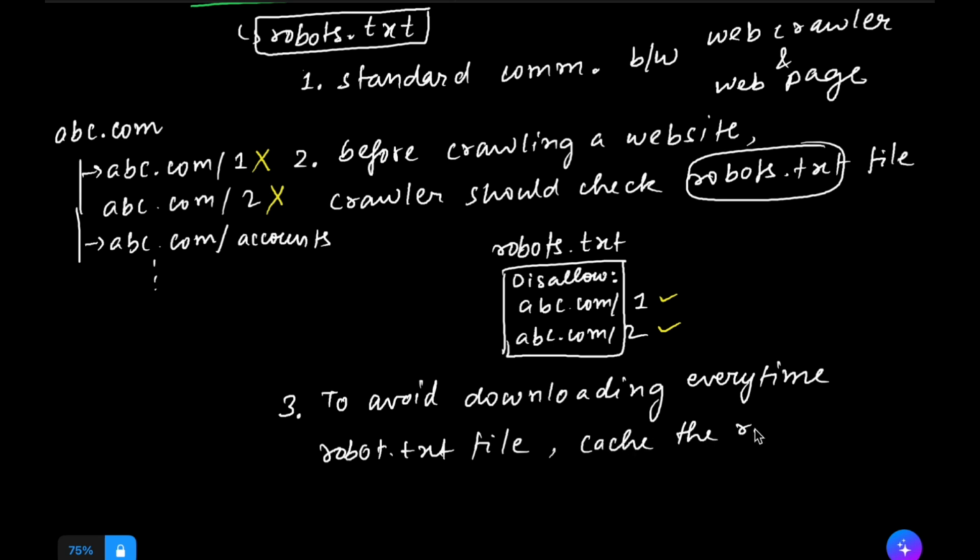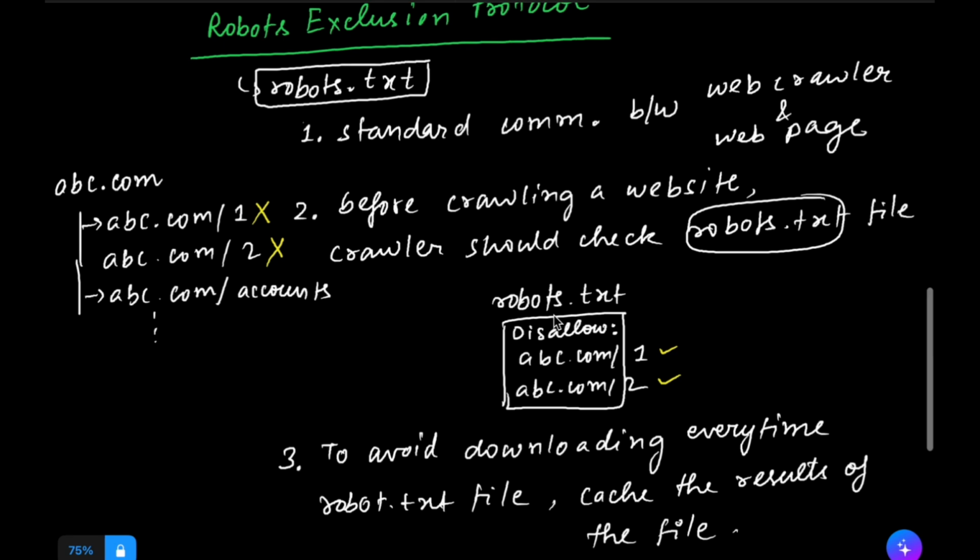So the main feature of this robots.txt is that it only applies to the URLs under the domain and subdomain where it resides, not directly to other URLs of a different domain which are linked from this domain.